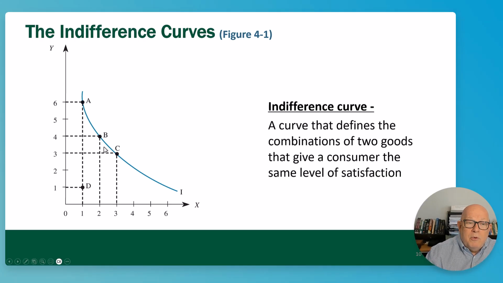But we're indifferent between A, B, and C. If there's another bundle down here, D, we're not going to pick it. Anything below this line would not be of interest to us because remember that more is better. If we choose these bundles up here, then we're going to be happier. We're going to have a higher level of satisfaction, or in economics, we call that utility.